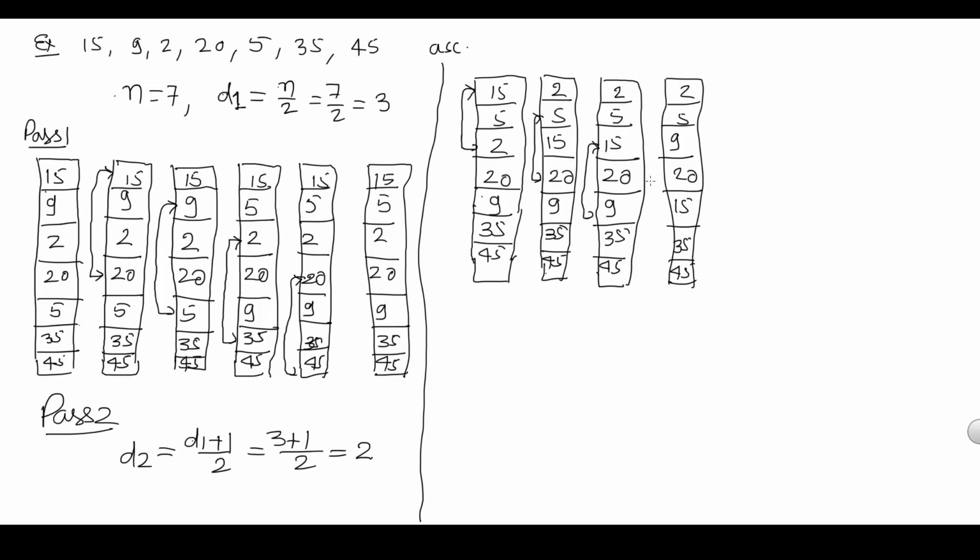We will next compare 20 with 35. We'll keep on increasing till we have the values. So 20 is less than 35, so no swapping is required. And next we will compare 15 with 45.